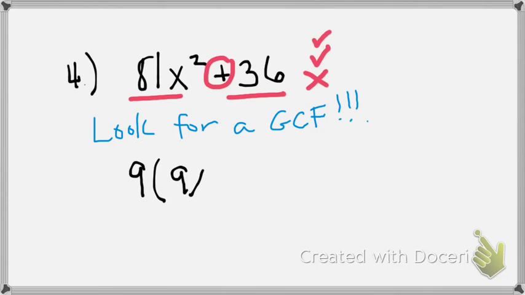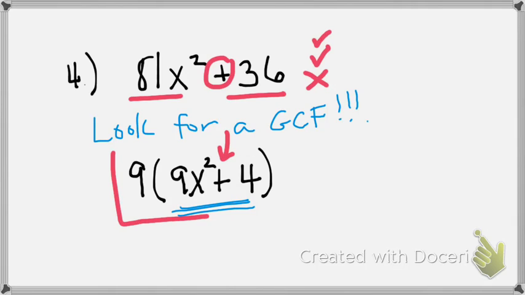That leaves us with 9x squared plus 4. And again, you might look at this and go, hey, isn't this a difference of two perfect squares? Close, 9x squared is a perfect square, and 4 is a perfect square, but notice that stinking plus sign is still there. So therefore, this answer right here is as good as it's going to get.